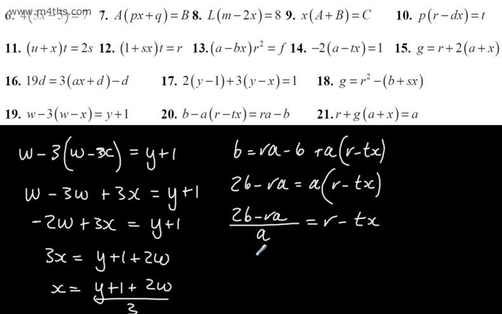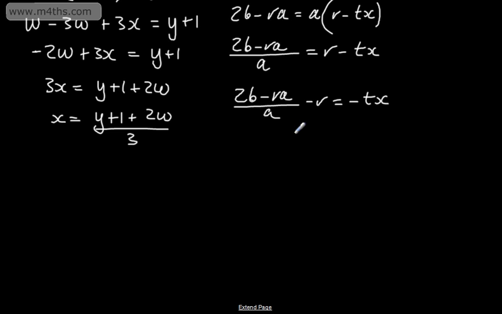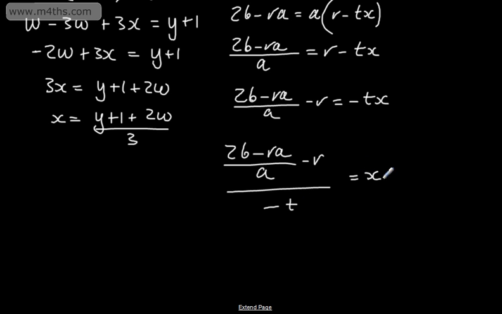I'm going to subtract the r from both sides, so 2b minus ra over a minus r is going to be equal to negative tx. I'm then going to divide both sides of this equation by negative t. So 2b minus ra over a minus r, all divided by negative t, is equal to x.